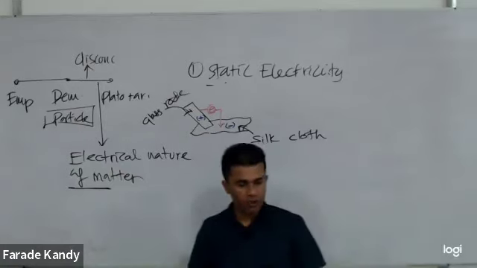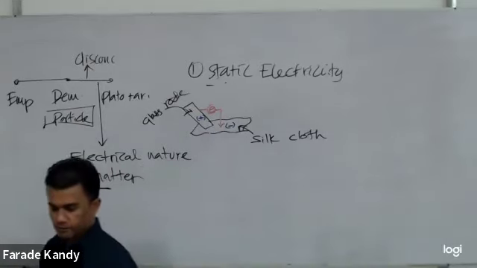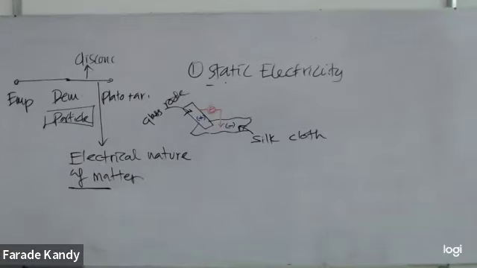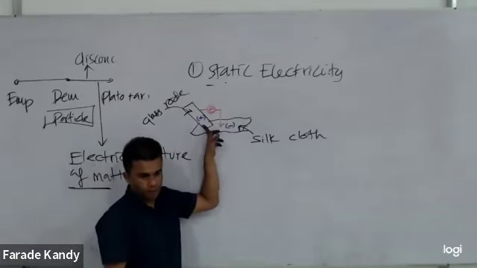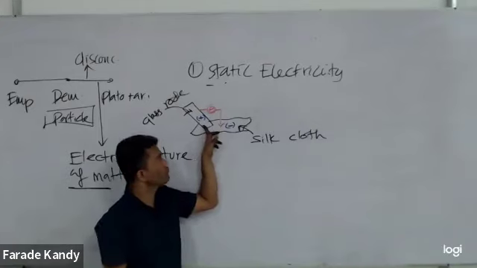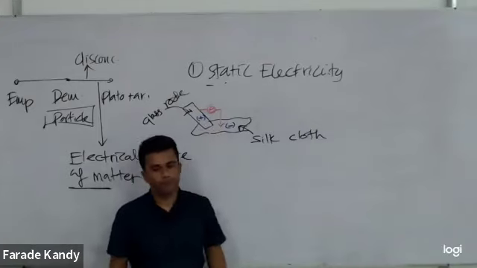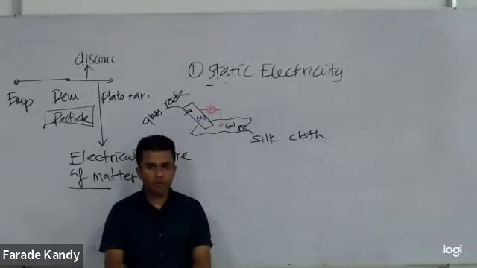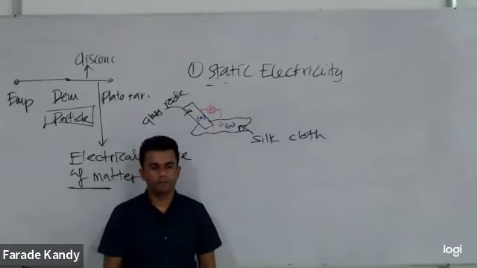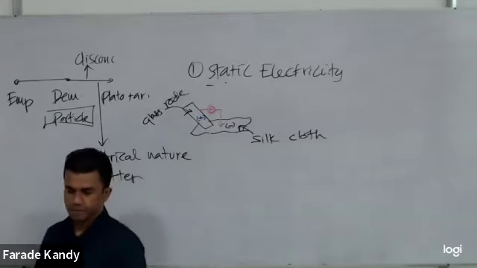Therefore, the glass rod becomes positive while the silk cloth becomes negative.